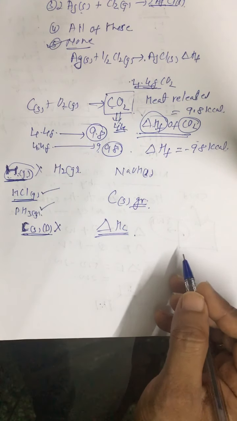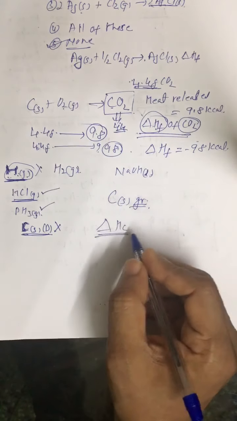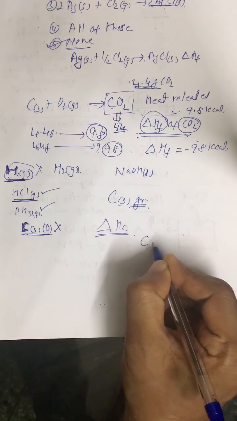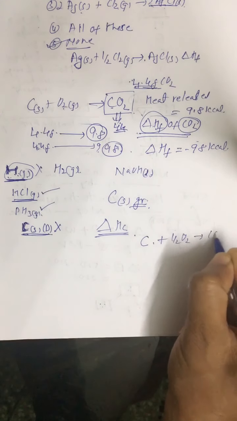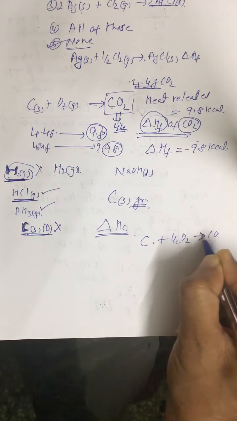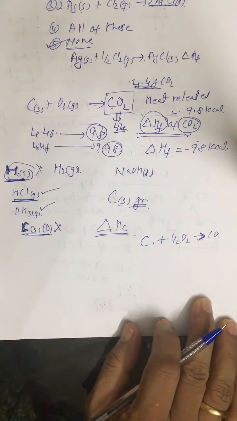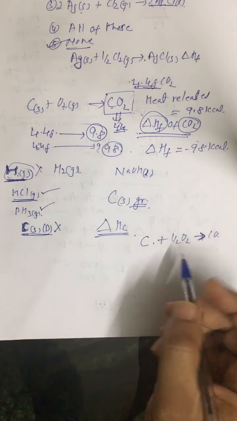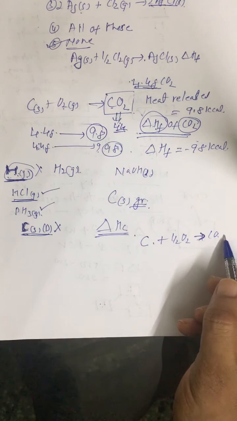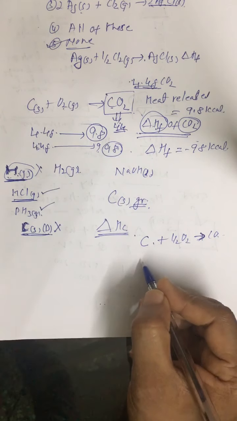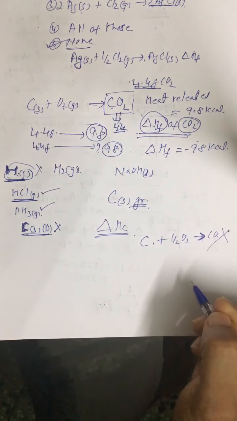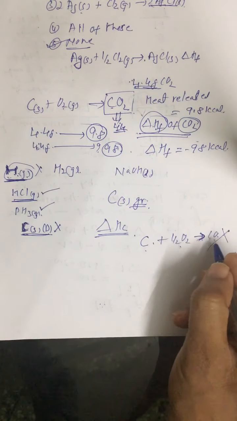Now we are given carbon plus half of oxygen equal to CO. Does this reaction represent a combustion reaction, is the heat involved delta Hc? No. Why? Because carbon is not completely oxidized.